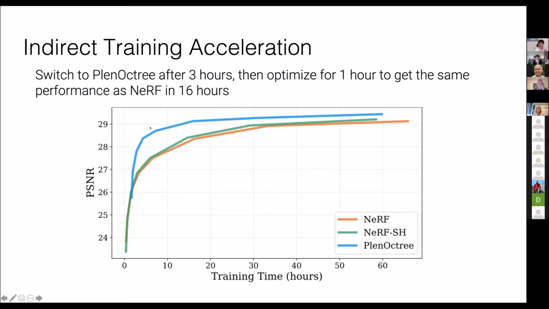The thing is, you still need to do the training right now. So this really begs the question of whether you can just bypass the MLP altogether and directly optimize this, which is an interesting question that we're asking. But right now, you still need the first 3 hours of NeRF training to get the octree structure, because that's quite difficult to differentiate against.